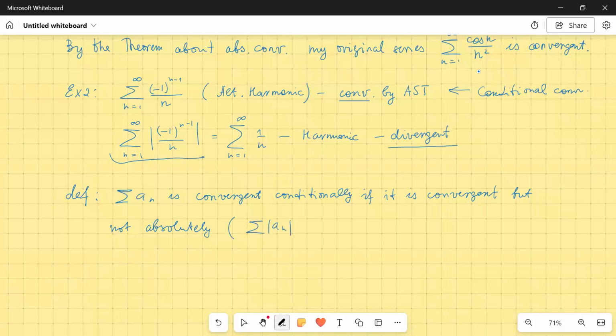The series of absolute values is divergent. So we call this type of convergence conditional.